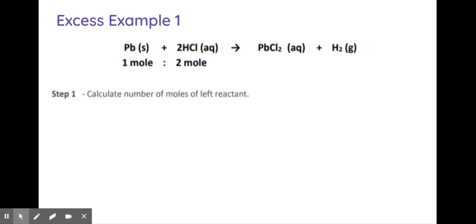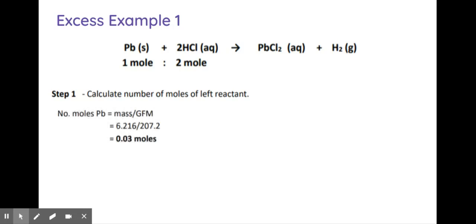So, step 1, obviously when you do any calculation, it is always useful to write down your equation. But what you want to do for step 1 is calculate the number of moles of the left reactant. So always start with what's on your left. On our left here we have 1 mole of lead, so we're going to calculate the number of moles of lead that we have.